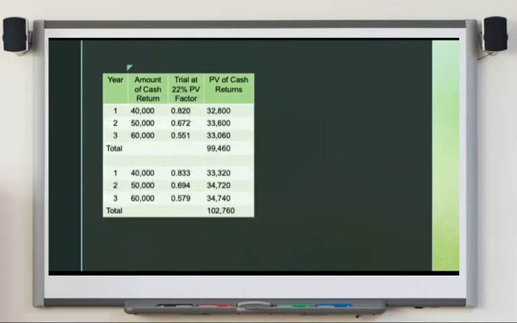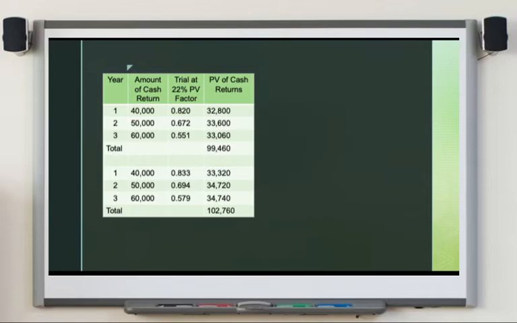You compute first for the total amount for the first to third year using the trial of 22%, since according to our table, the nearest percentage to the present value factor of 2 is 22%, then we use that as a trial of 22%.